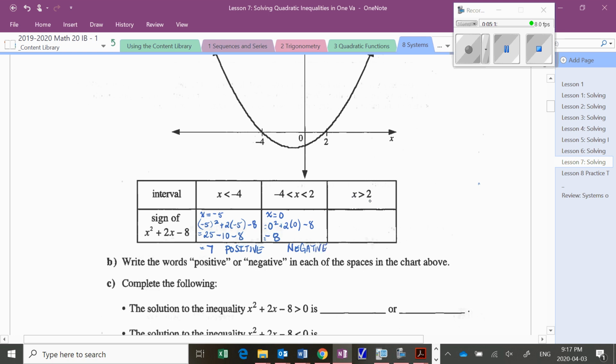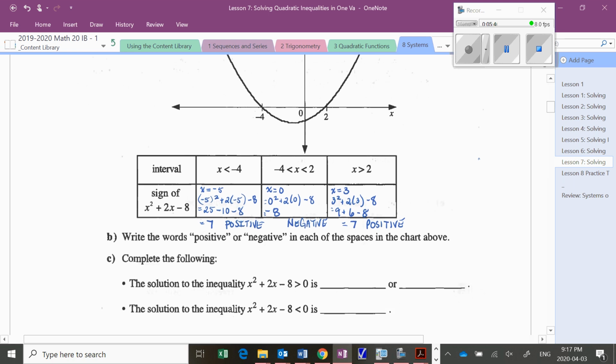If I then pick a value greater than 2, I could pick x equals 3 perhaps, so then we've got 3 squared plus 2 times 3 minus 8, or 9 plus 6 minus 8, and conveniently that also gives us 7, which is of course a positive value. So that is a demonstration of using test intervals.